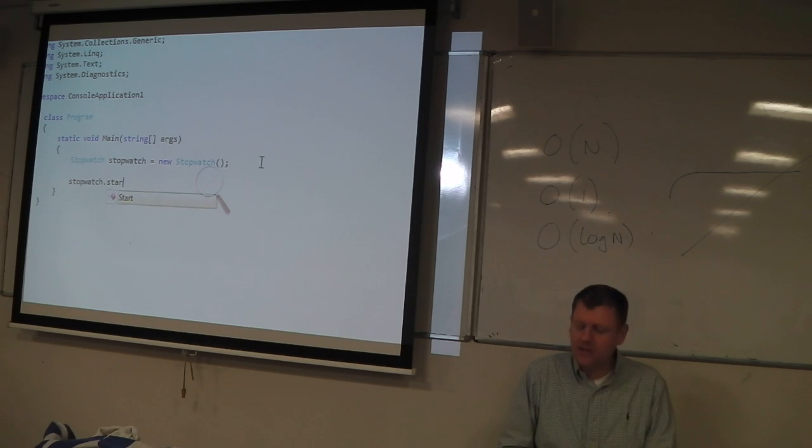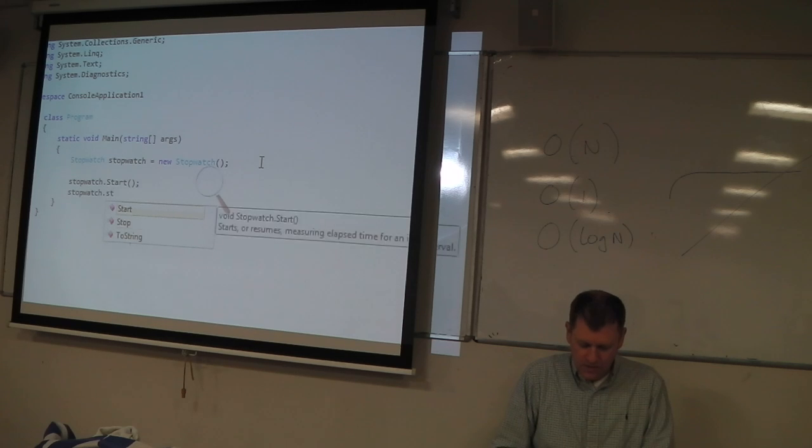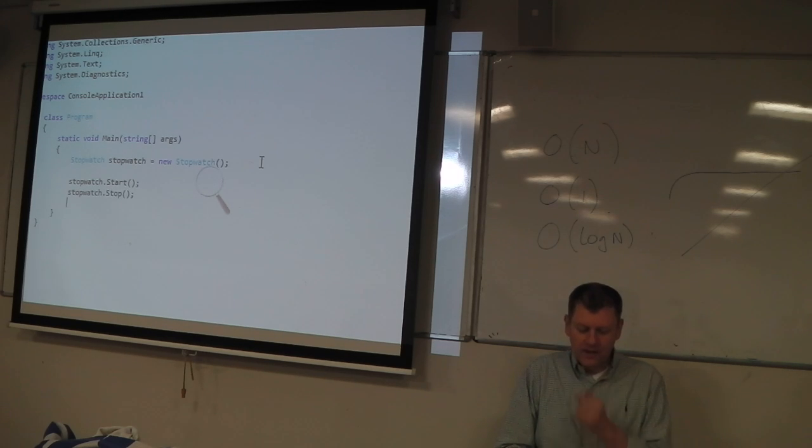Start. So that starts the stopwatch and it starts measuring time. When you want to stop the stopwatch, you call stopwatch.Stop. And then you can restart the stopwatch and count the amount of time that has elapsed. So we'll start out with a plain old array in C#.